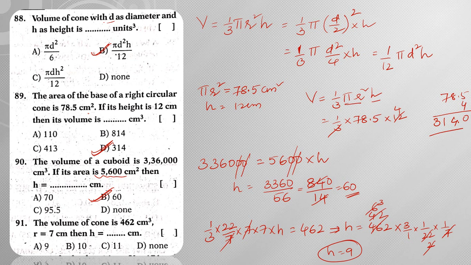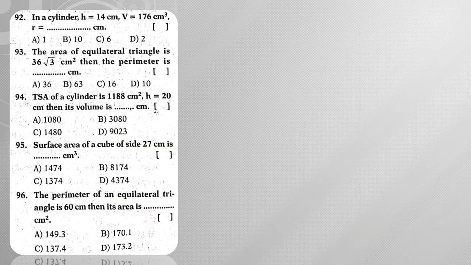Hence the height of the cone is 9 centimeters. Next moving on to question number 92. In a cylinder, height is equal to 14 centimeters, volume is equal to 176 centimeter cube, radius is equal to how much? Volume of cylinder is given by pi r square h. So 22 by 7 into r square into height 14 is equal to 176.